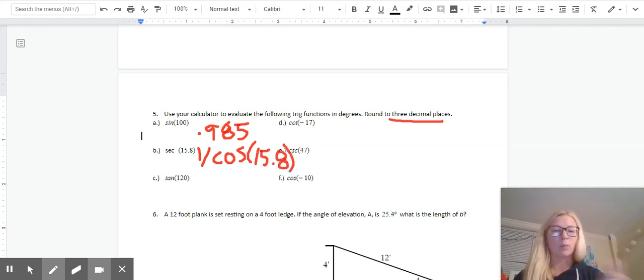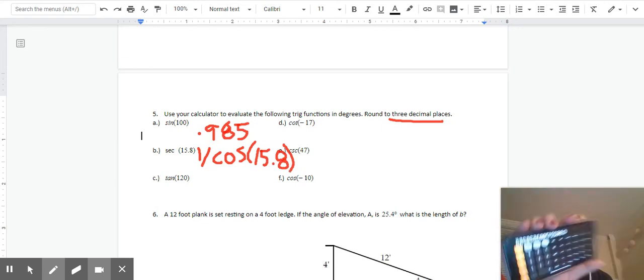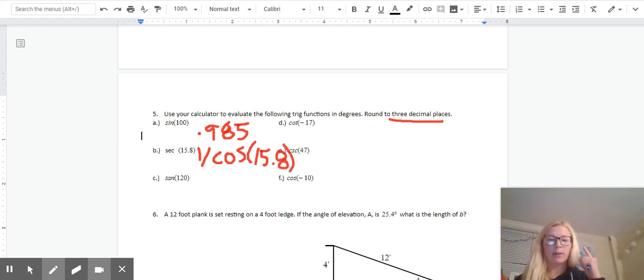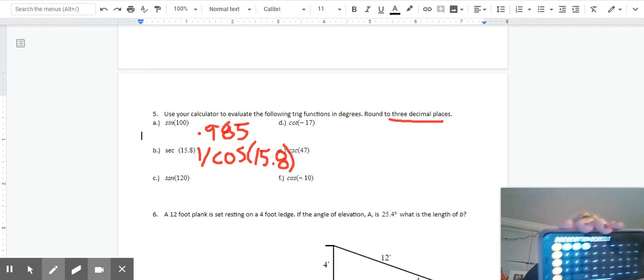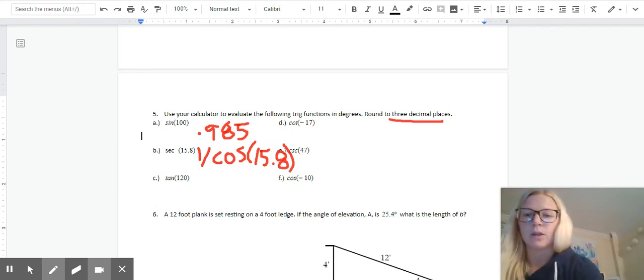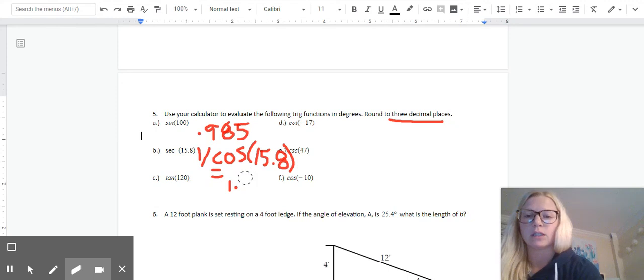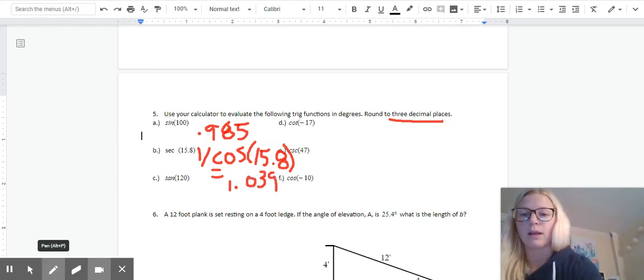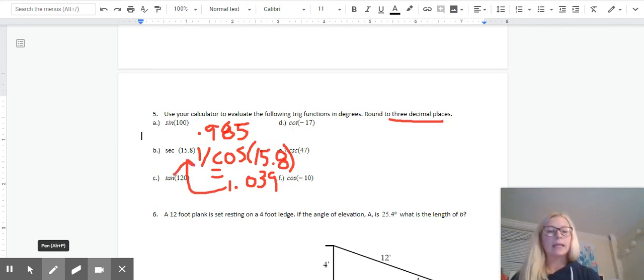First we have to find the cosine of 15.8. You put 15.8 and then press cosine, and you get a really long number, 0.9622. Keep that in your head, and you do 1 divided by 0.9622, and you get 1.039. That's the answer to the secant of 15.8.